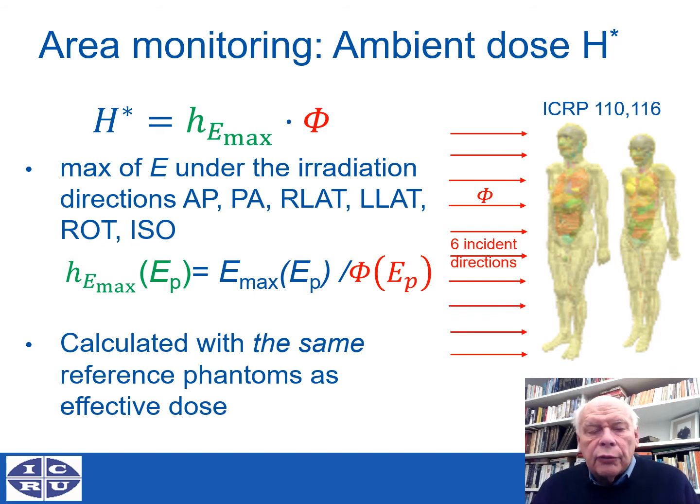The conversion coefficient is then simply the maximum of all the curves for effective dose divided by the fluence. Therefore, indirectly or implicitly, the conversion coefficient for H star is calculated with the anthropomorphic phantoms.